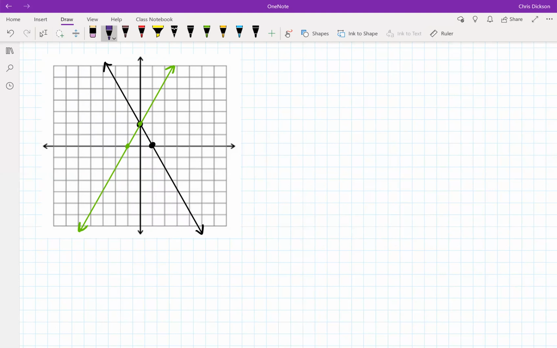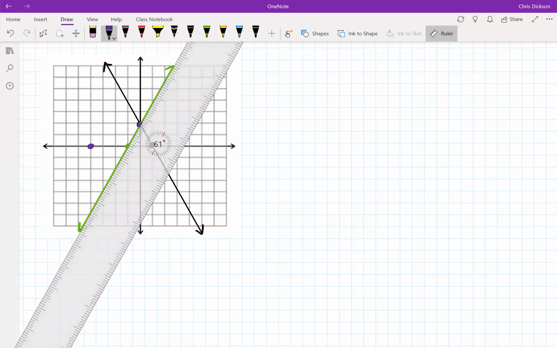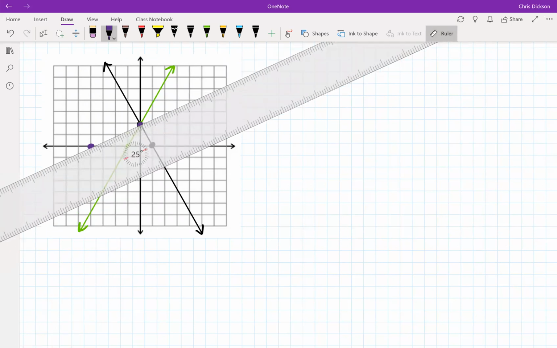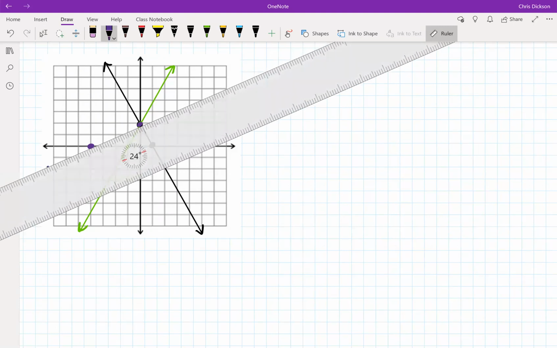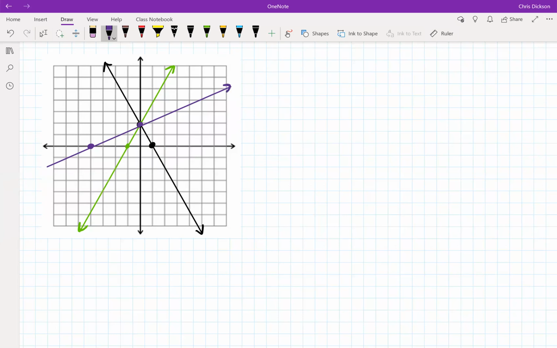And let's see here. 1, 2, 4, 7. Yeah, okay. So 1, 2, 3, 4. Okay, so there we go. So there's our 3 lines, right? Feels like a Monty Python skit.